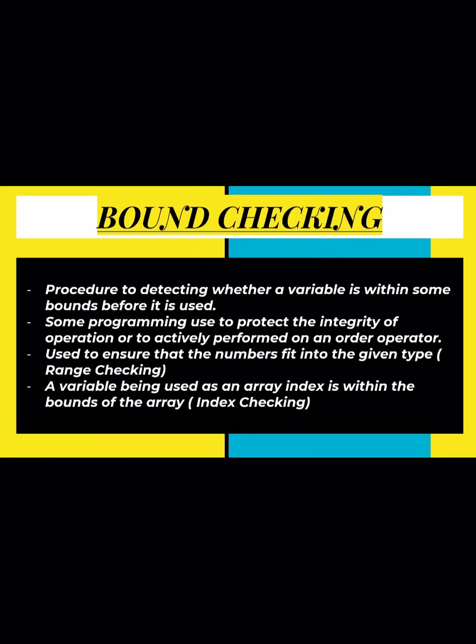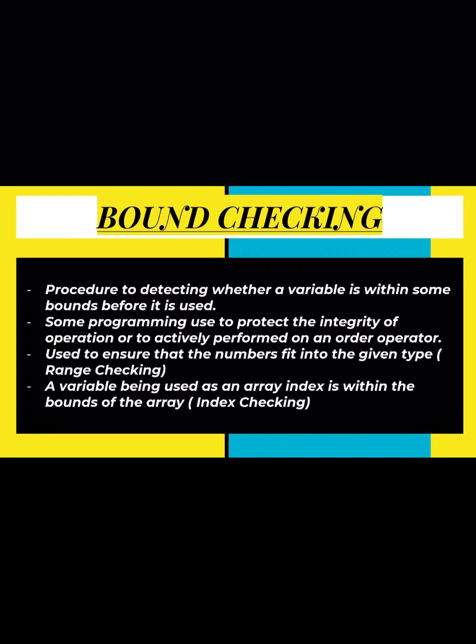Group 1 is going to present. First of all, what is this bound checking that our group is talking about? In computer programming, bound checking is a method that is used to detect whether a value is located in the bound before it is used by the coding. It is commonly used by a lot of computer programming languages such as Java, JavaScript, Python, Ruby, and many more.